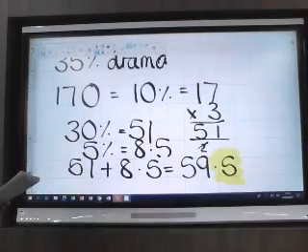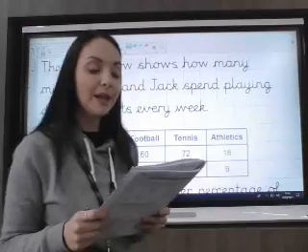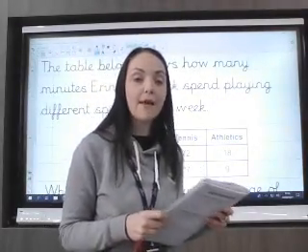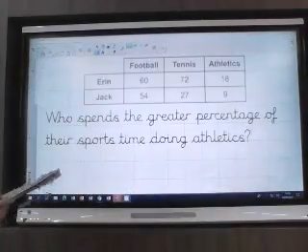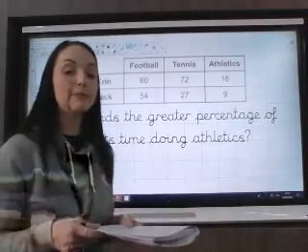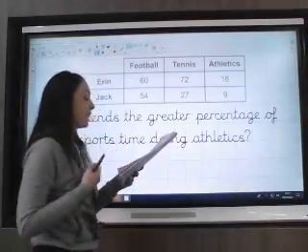On page 37 then, it says the table below shows how many minutes Erin and Jack spend playing different sports every week. Okay, and then you've got this table. It says who spends the greatest percentage of their sports time doing athletics. So we're only thinking about this part.